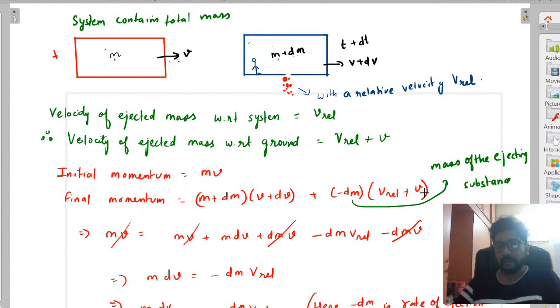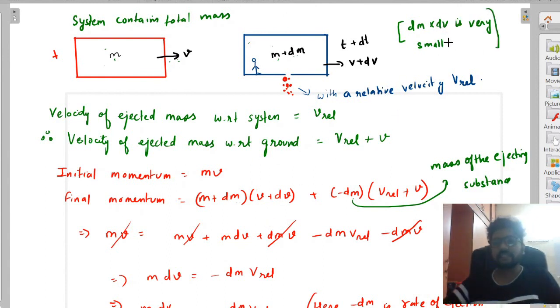In fact, you can write minus dm into (v relative plus v plus dv), but again dm into dv is very small, so we assume that dm multiplied by dv is negligible. So we have neglected this.